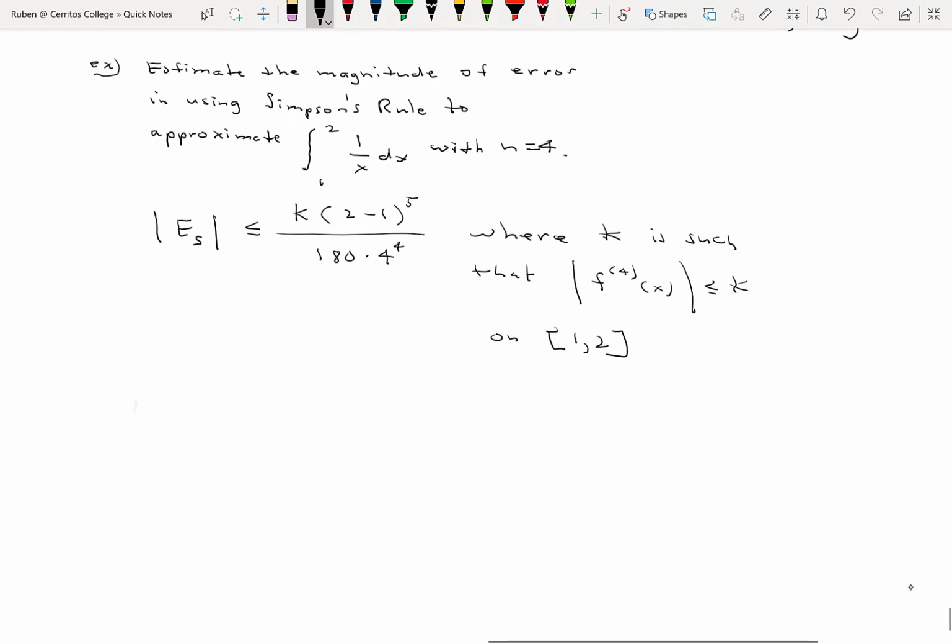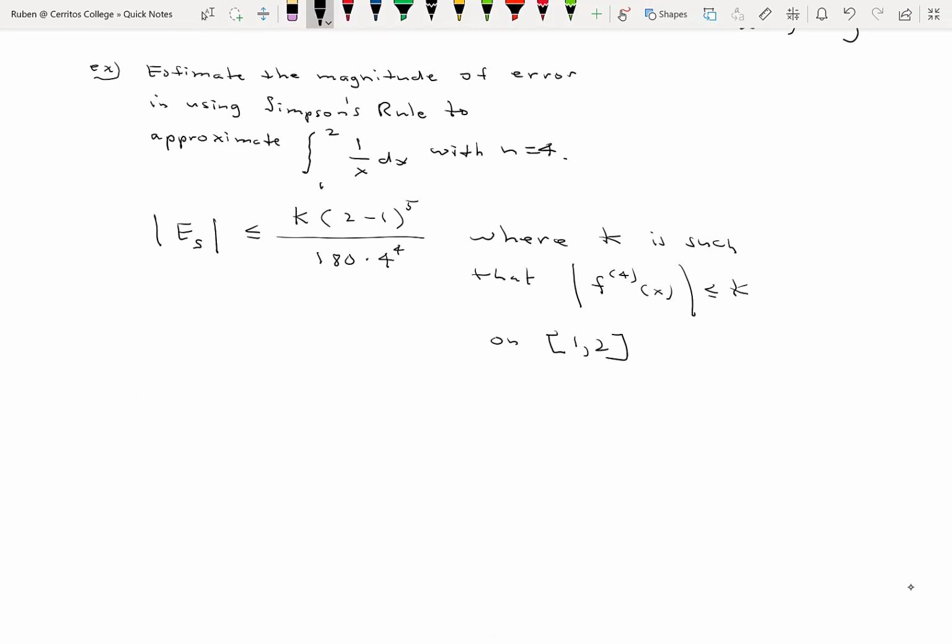Okay, so let's pick up where we left off with that function and its derivatives. The function is 1 over x, which is x to the negative 1. The first derivative, might as well do them all over, it's no big deal, is minus x to the minus 2. The second derivative is 2x to the minus 3. We keep going on the derivatives.